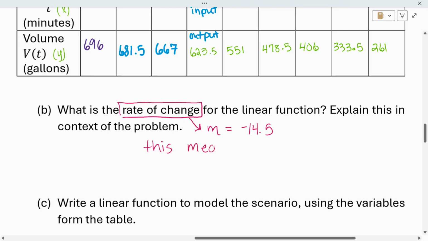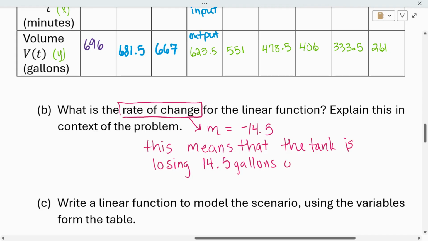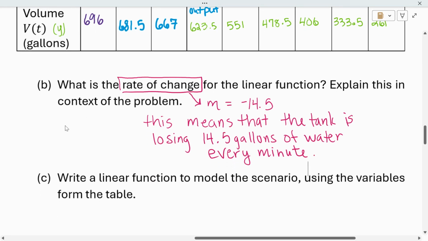Well, this means that the tank is losing 14.5 gallons of water every minute. Okay, losing 14.5 gallons of water every minute.